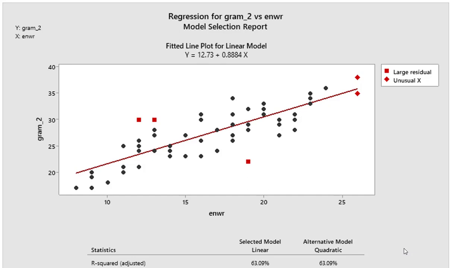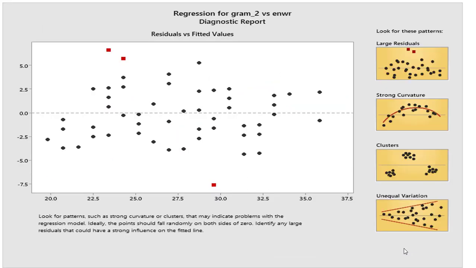This is what we call the fitted line plot. Now, if we take that line and make it horizontal, this is what we get. Notice that in this case we do have some extreme values, those marked in red. These would be outliers in a sense. We should make sure that we got the data right, go back to our data and check, and we will learn what to do with outliers later.